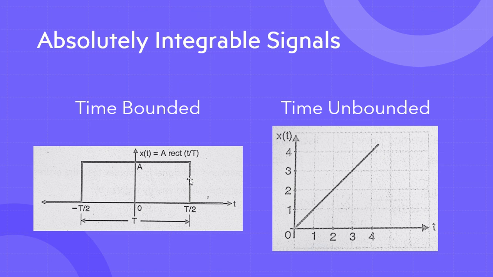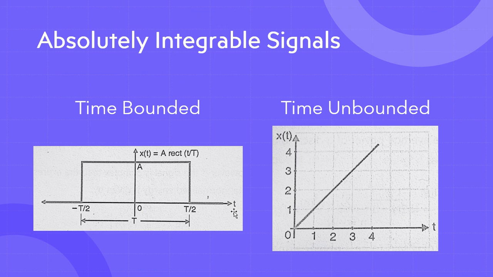Agreed, right? So we will take the integration of this signal over the entire time span, which means we will take the integration from minus T by 2 to plus T by 2, because except for these values it is 0. Righteously, we should take the limit of minus infinity to plus infinity.